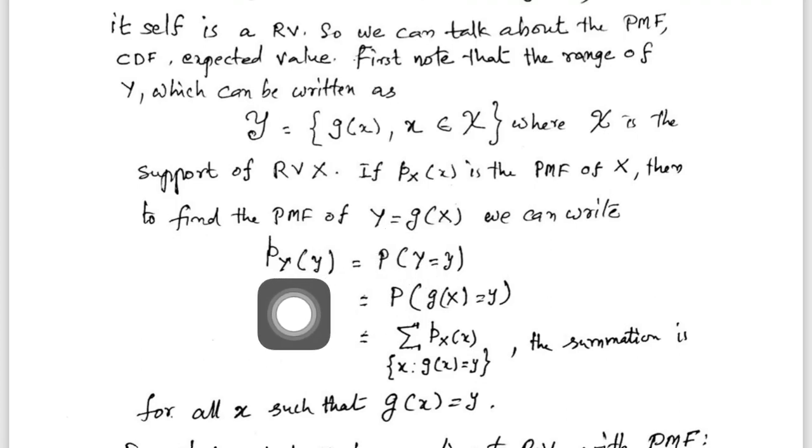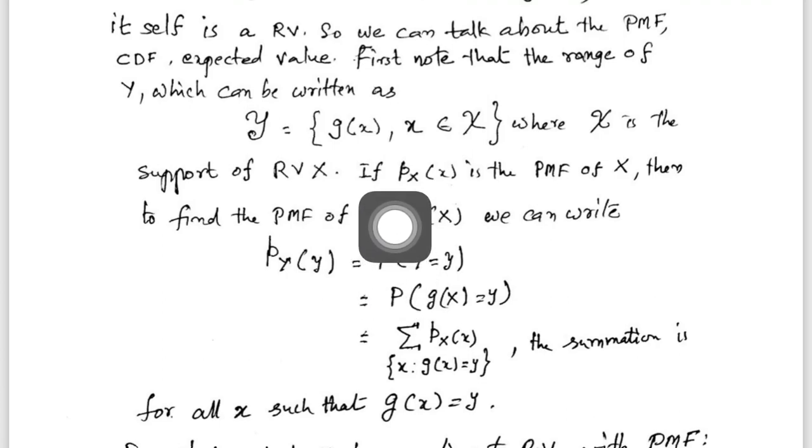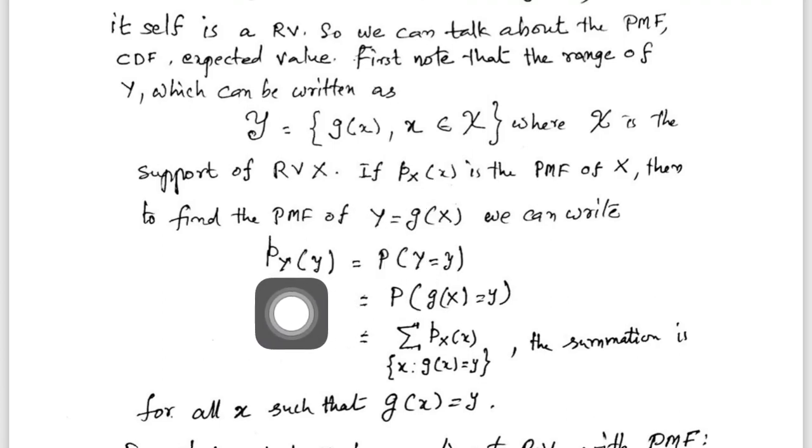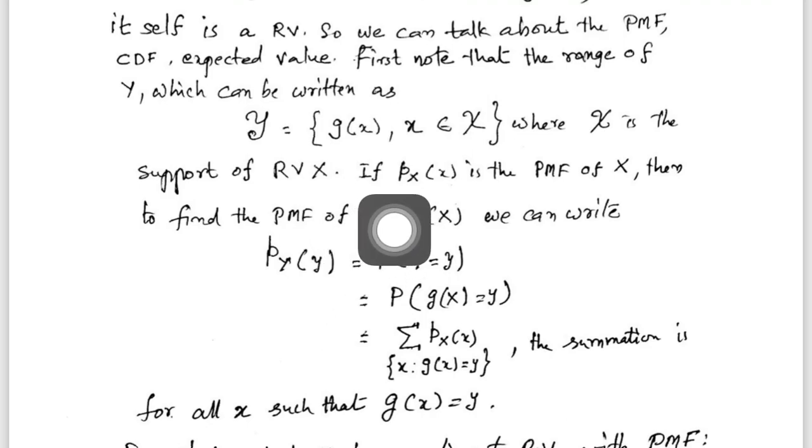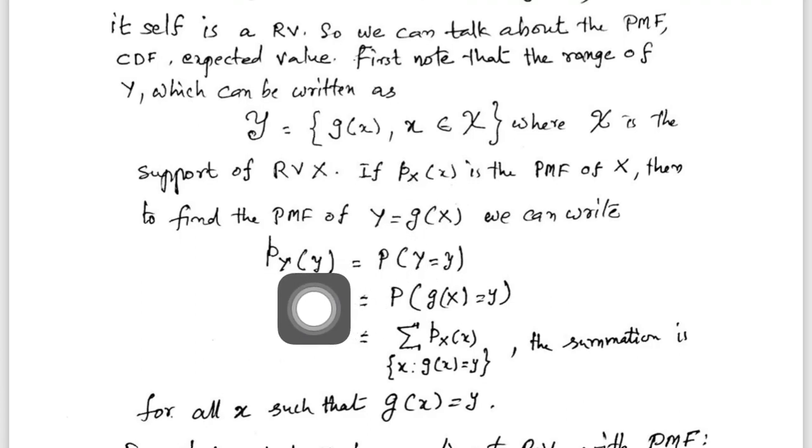How would you find the probability mass function of Y using the probability mass function of X? That is, how would you find p_Y using p_X? Here both are denoted by the letter p, but the suffix X is given to emphasize that this is the PMF of X, and the suffix capital Y is given for emphasizing the probability mass function of Y. And you can directly compute the probability mass function of Y. What is it?